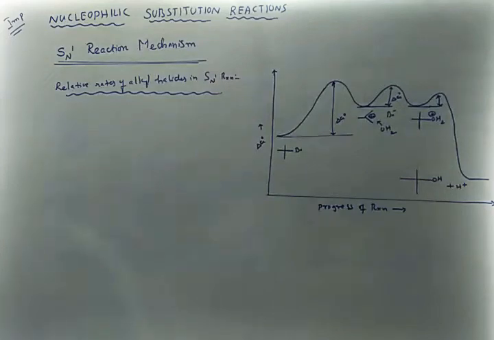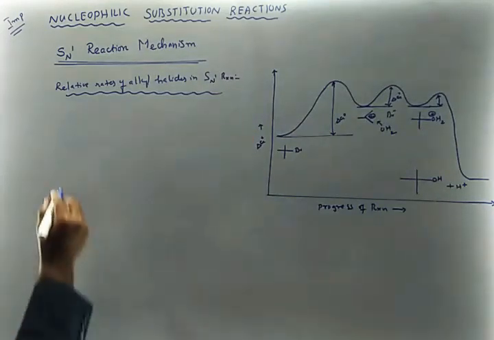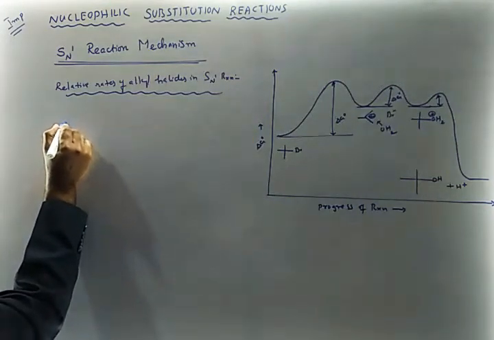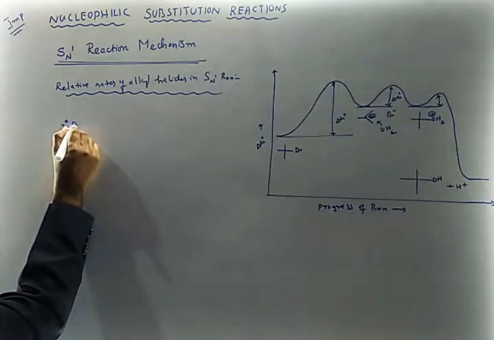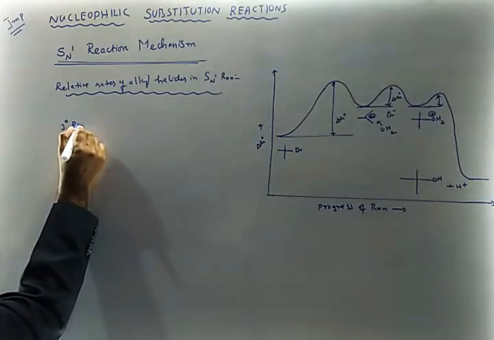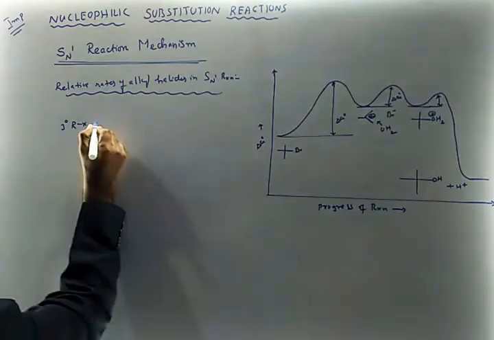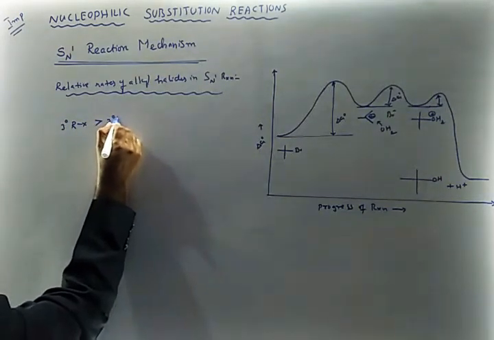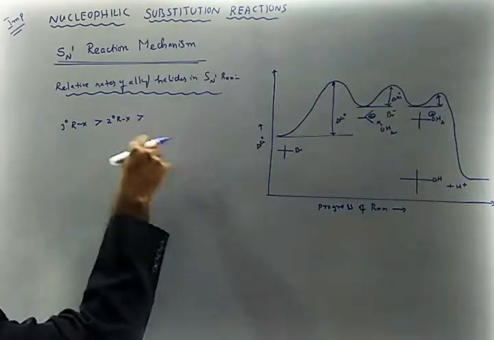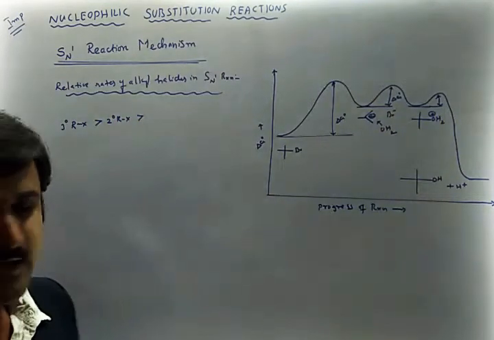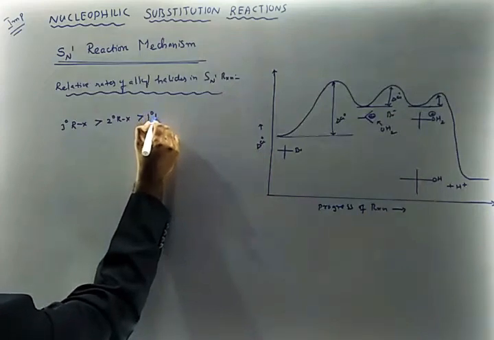As you know, from this example we can understand that tertiary alkyl halides are more reactive than secondary alkyl halides, which are in turn more reactive than primary alkyl halides.